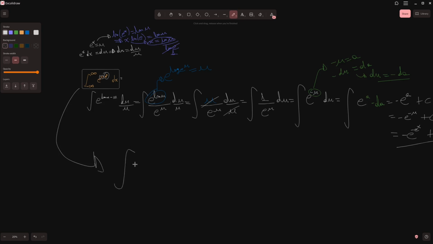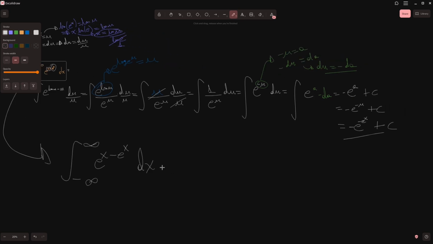That should be the integral from minus infinity to infinity of e to the x, e to the minus e to the x dx, and we know that this expression should be this expression right here, so minus e to the minus e to the x from minus infinity to infinity.